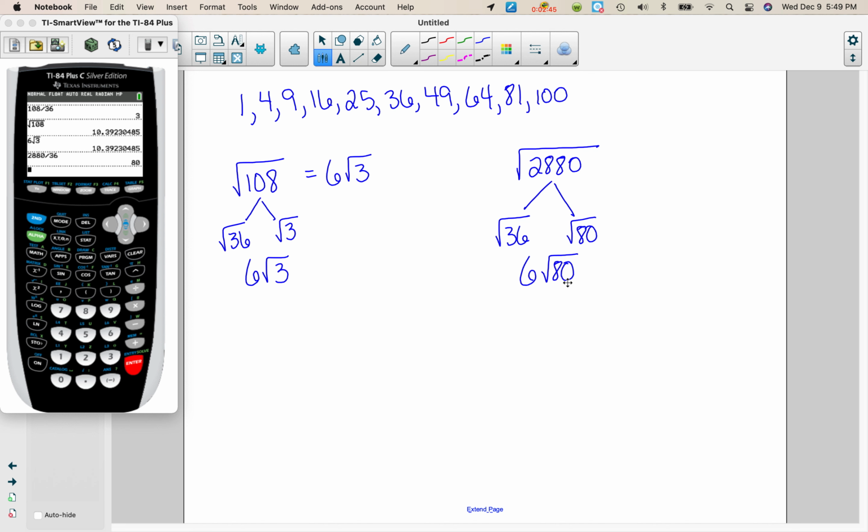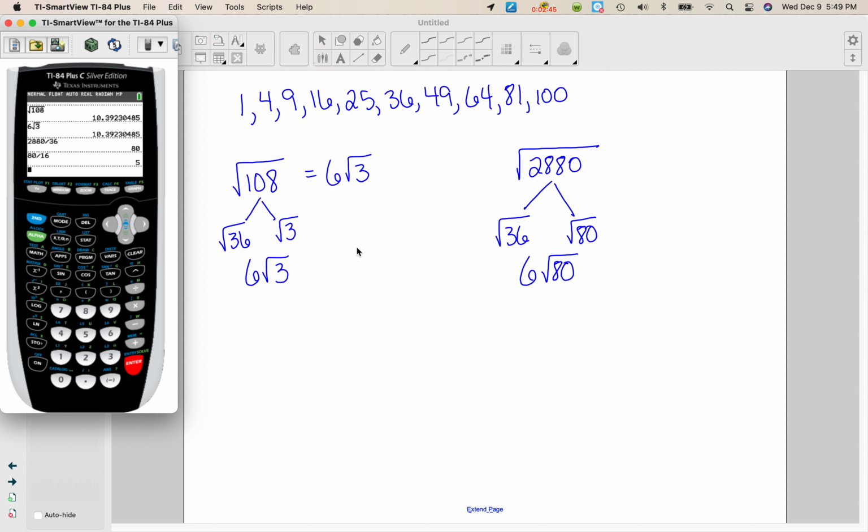But then I have to ask myself, is there a perfect square that also goes into 80? I can look at my list and see, do any of these go evenly? I'm going to try 16, and it does, it goes 5 times. So now I'm going to break down the 80 to the square root of 16 times the square root of 5.